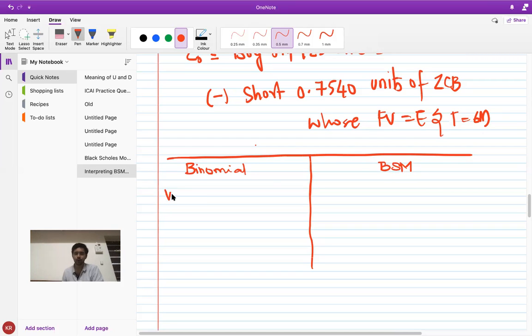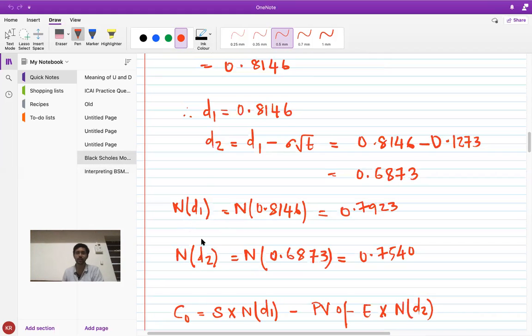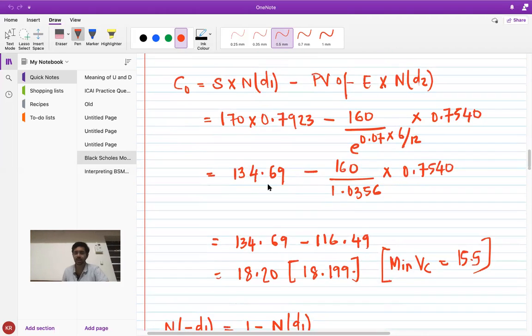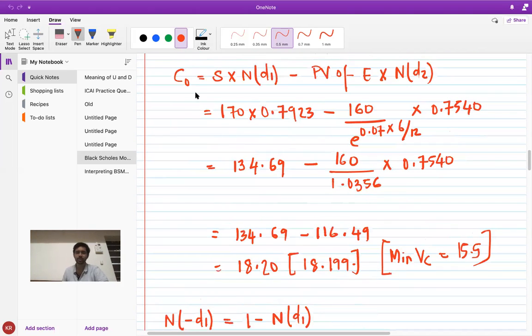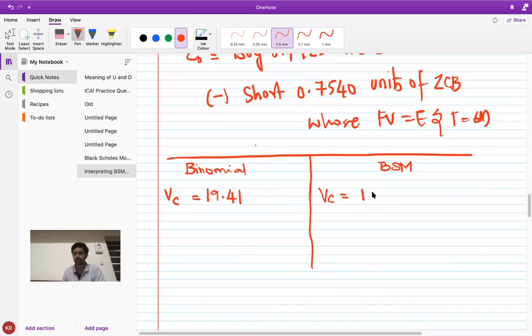Okay, the value of call option that we got under binomial was 19.41, and the value of the call option when you use the same set of figures in the previous session, the value of the call that we got was 18.20. So we used the same set of figures of 170, 160, etc. And when we calculated ND1 and ND2, we got a value of 18.20.